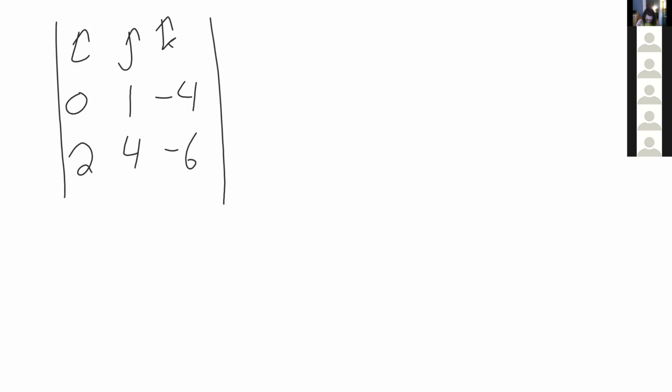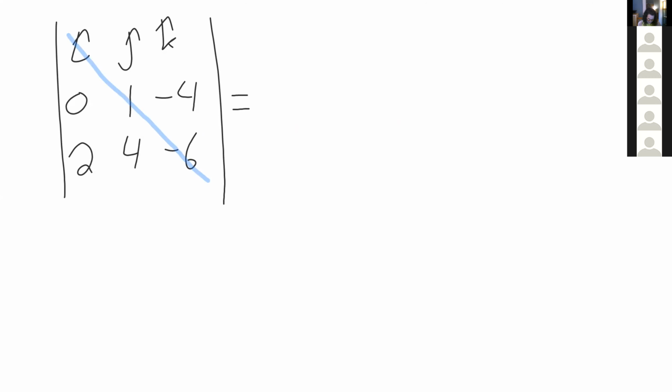And now I need to find the determinant here. So starting with the i hat, we go down to the right. And that will give us 1 times -6 is -6. Put an equal sign here.